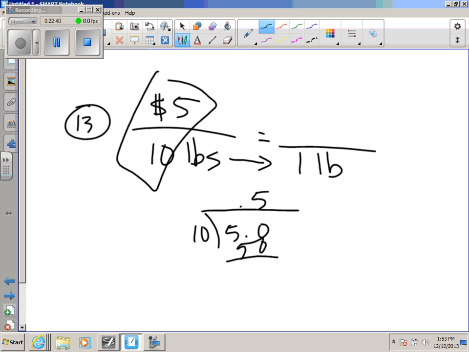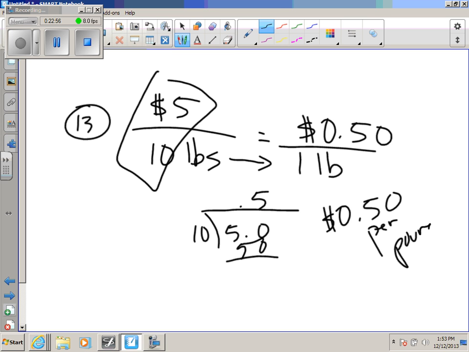Right? 0.5, speaking in terms of money, is what? So your unit price is 50 cents per pound. Okay?